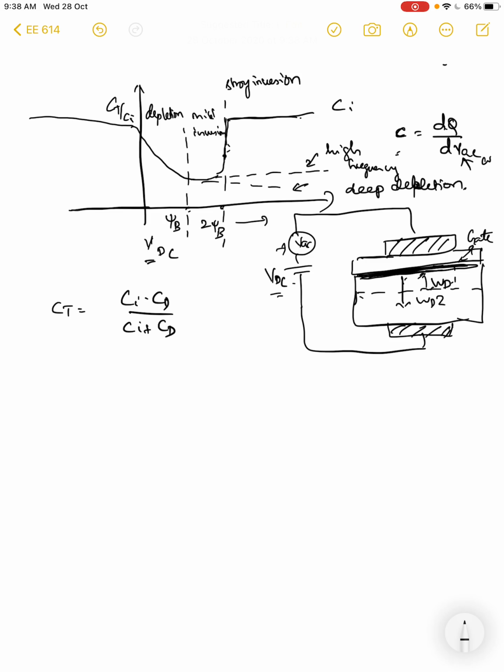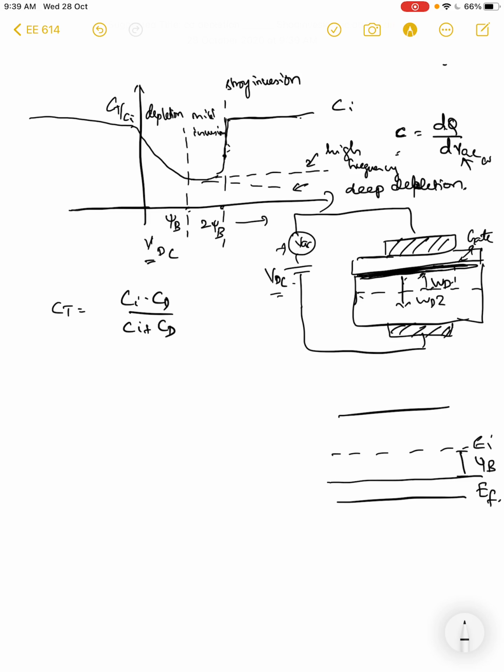So to understand this, we have to go back to the band structure, right? So basically we were talking about a p-type semiconductor. So this is the EI and this was EF, right? And then we defined this separation EI minus EF to be q psi b.